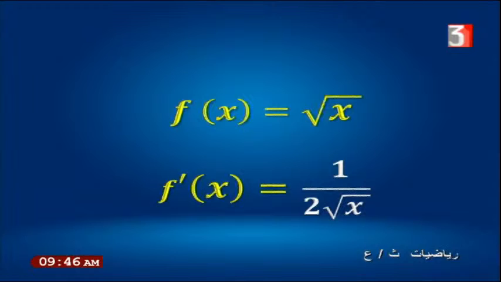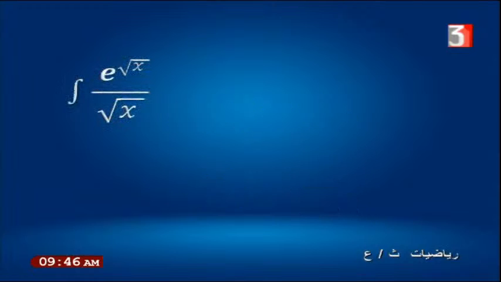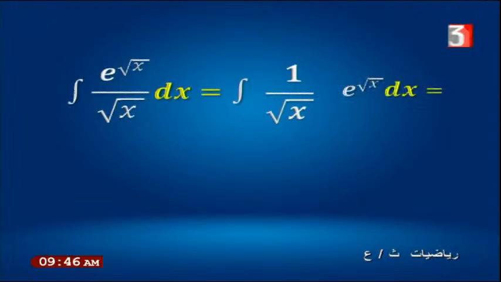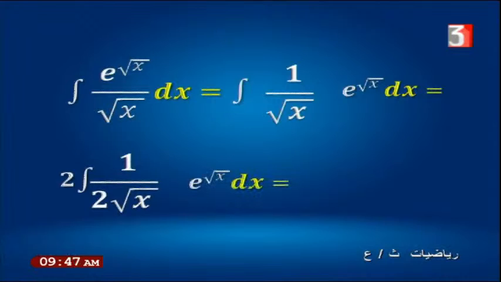Then the integration of e power root x over root x dx equals the integration of 1 over root x e power root x dx, and we can multiply by 2 and a half, 2 outside the integration and a half inside the integration. Then 2 times the integration of 1 over 2 root x times e power root x dx equals 2 times e power root x plus the constant c.